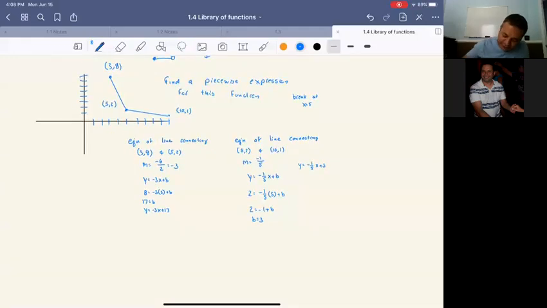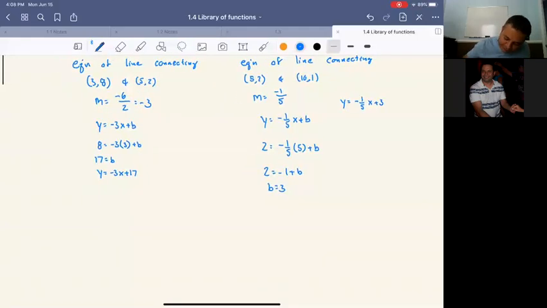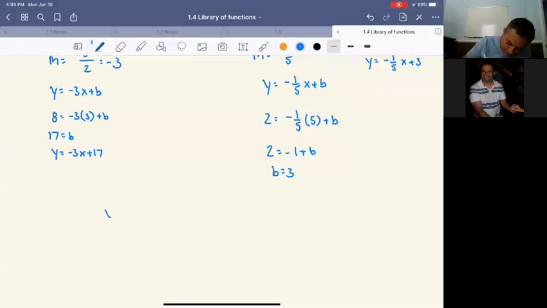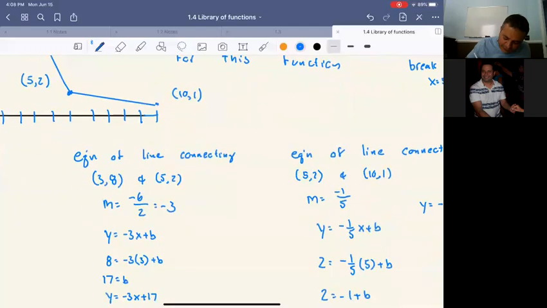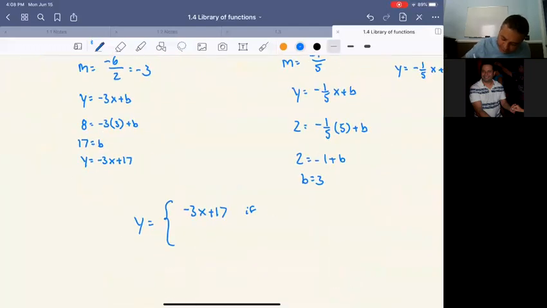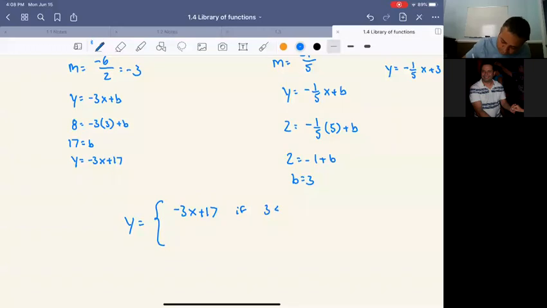So what we can say is that y equals negative 3x plus 17 if, now this is between 3 and 5, so 3 is less than or equal to x. Now I can write either less than or equal to. Let's put less than or equal to 5.